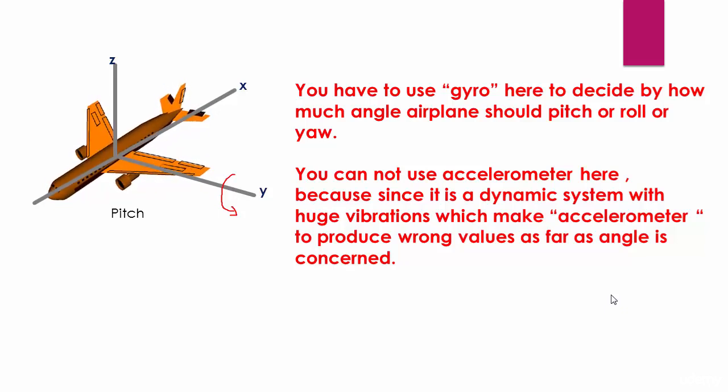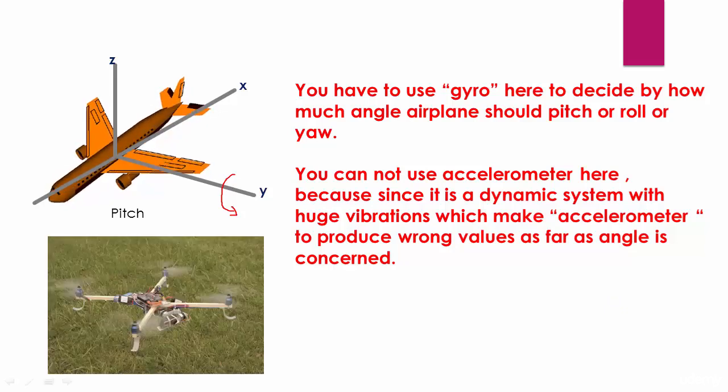I mean, you cannot just filter out those values from vibrations and those values from real angle tilt, isn't it? Just imagine your quadcopter is tilting and its fans are making huge vibrations. The readings you get from the accelerometer represent G-value variation both due to the tilt as well as due to the vibrations. So how do you filter out vibrations? Right? That will be very difficult.